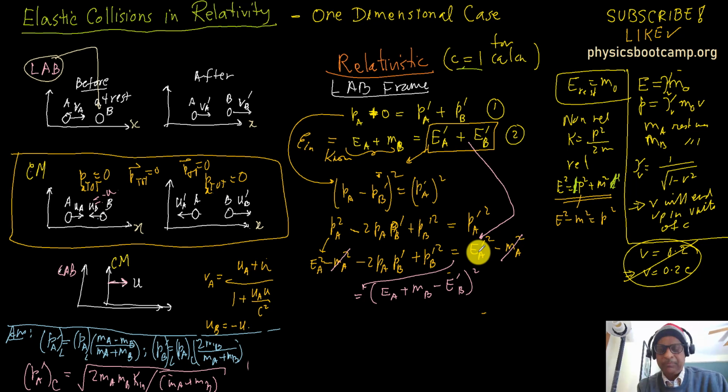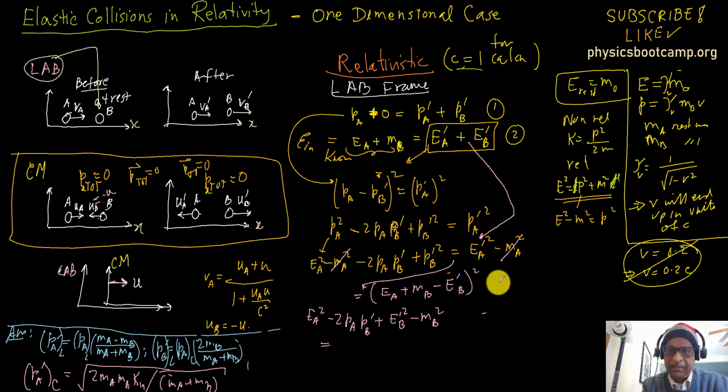So we have E_A squared minus 2 P_A P_B prime, and this is just E_B prime squared minus M_B squared, and on the right side I expand this out and get E_A squared.